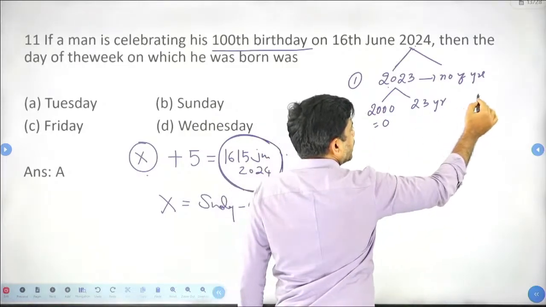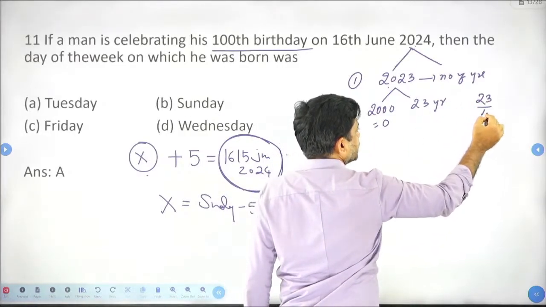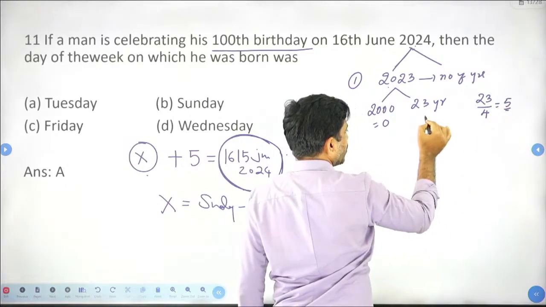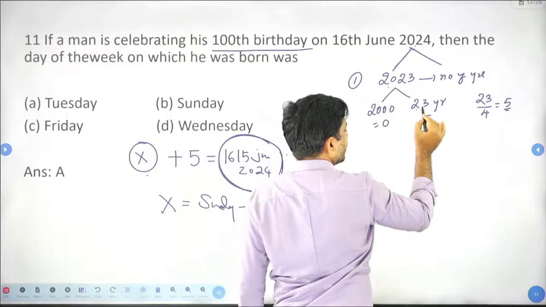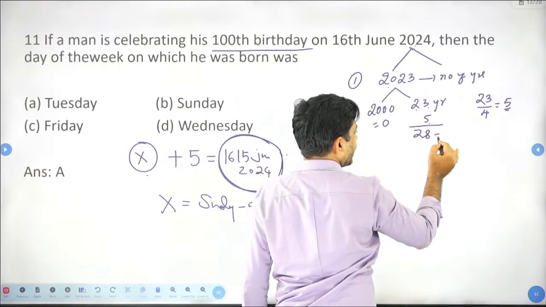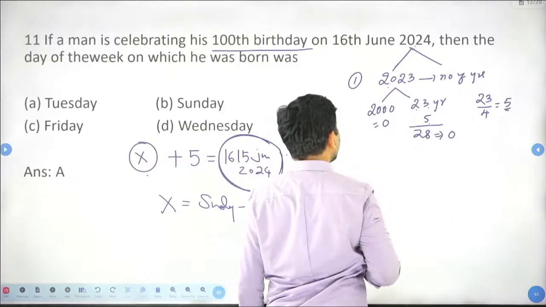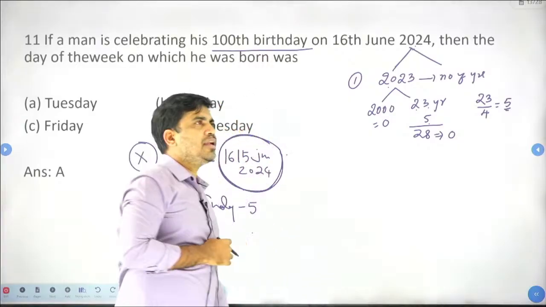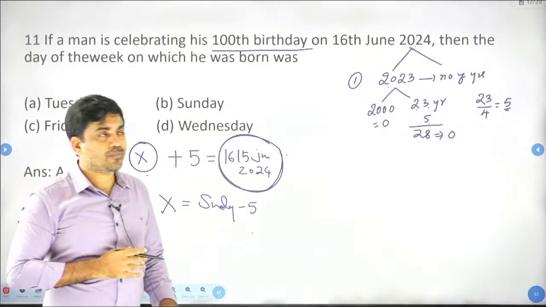In 23, some years are leap years. How many years are leap years? 5 years. So shortcut is number of years plus number of leap years equal to number of odd days. 28 means 0. This is over. Till 2023 December 31st, no odd days, 0.